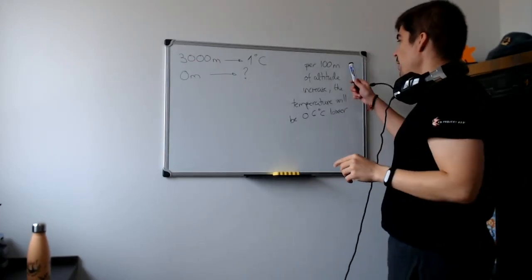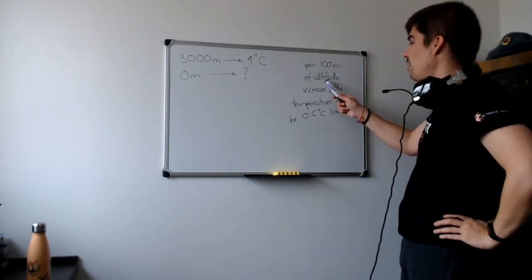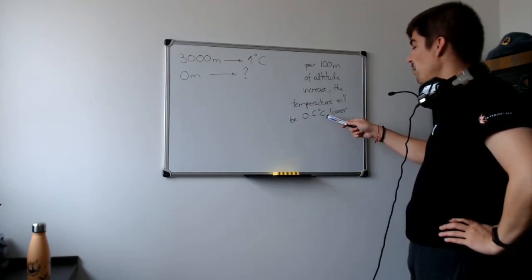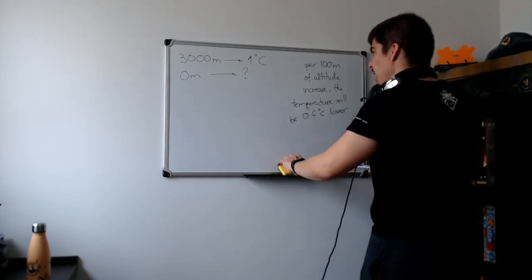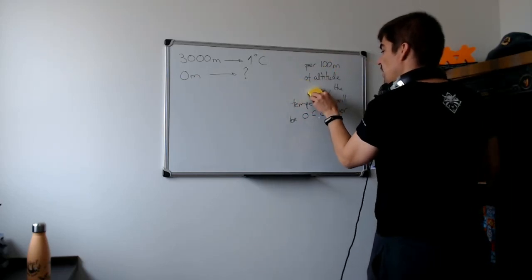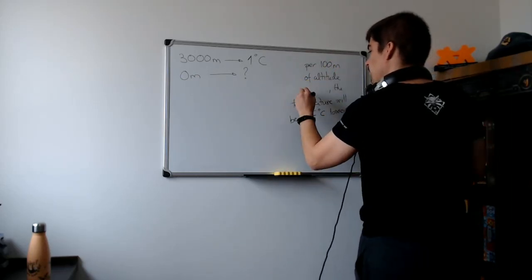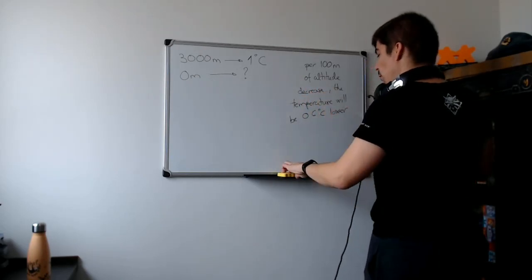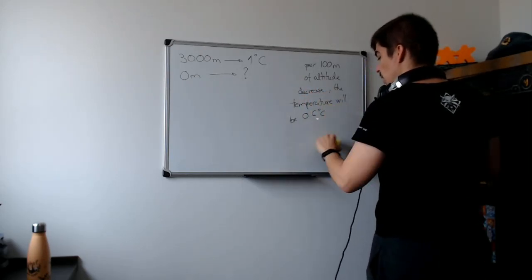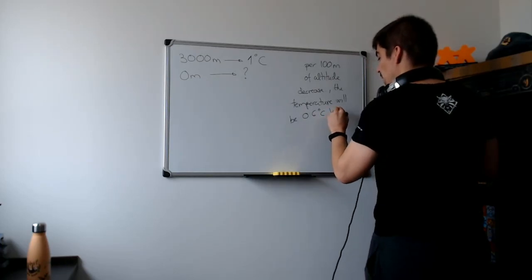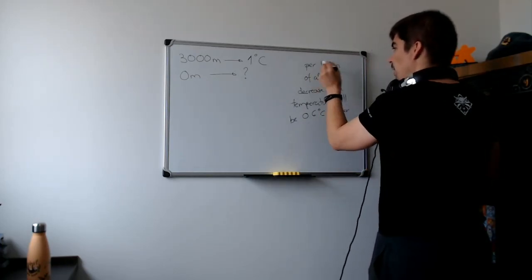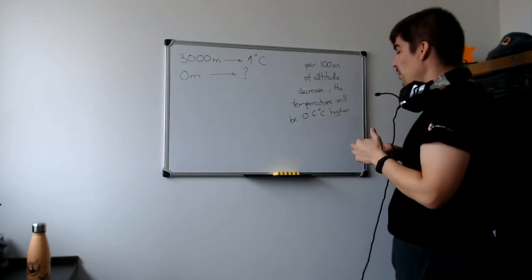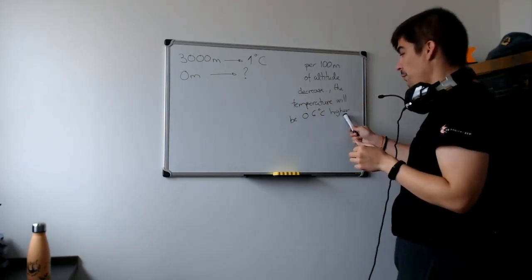We know that per 100 meters of altitude increase, the temperature will be 0.6 degrees lower. This is the same that if the altitude decreases, the temperature will be increased, will be higher. So per 100 meters of altitude decrease, the temperature will be 0.6 degrees higher.